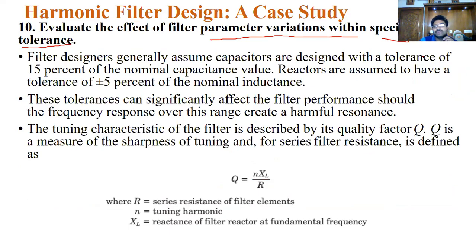In the calculations, the designer can assume a capacitor or inductor or reactor tolerance value of 15% of the nominal capacitance value. They can give a tolerance rating of 15%. This tolerance value will significantly affect the performance of any filter. A 15% tolerance is very high.